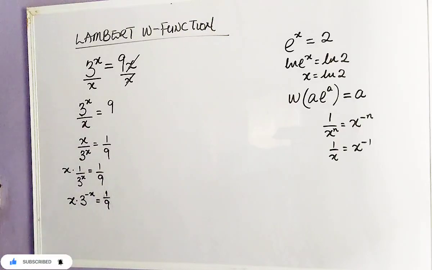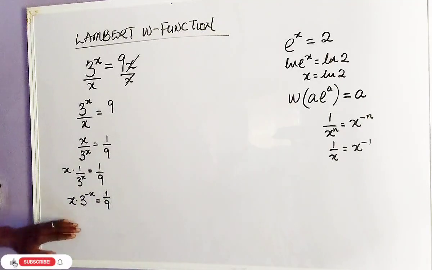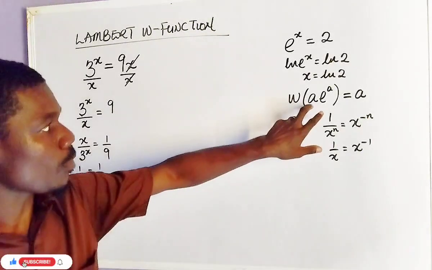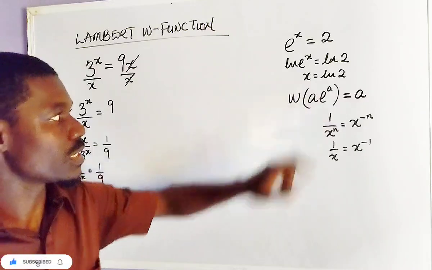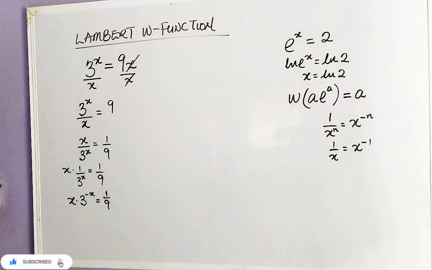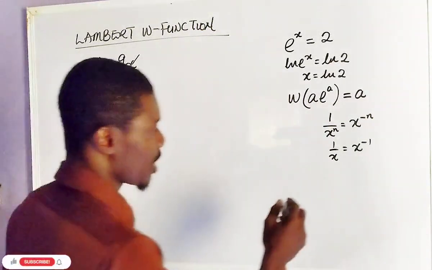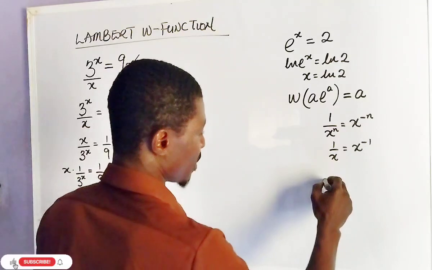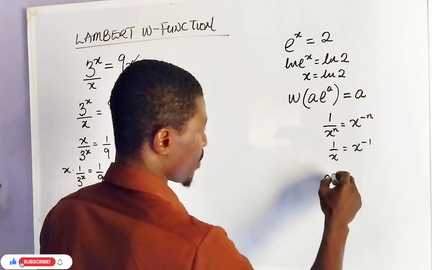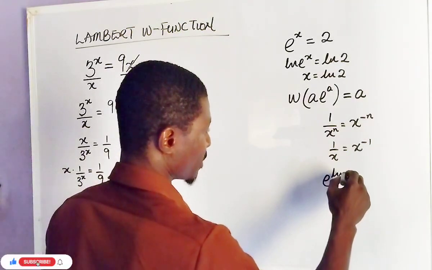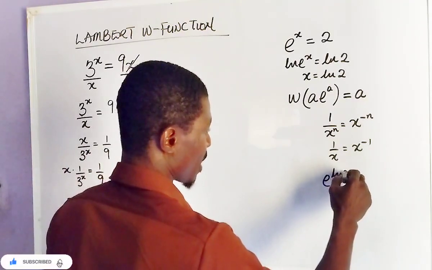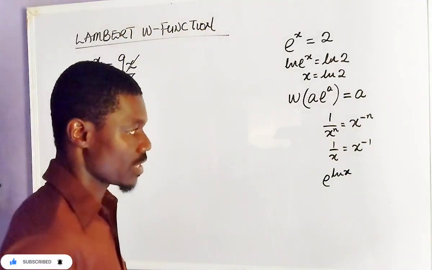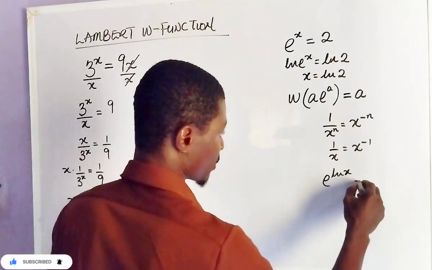Now here is where the journey begins. So how then do we do this? Let us take note that e raised to the power of ln x is the same thing as saying x.